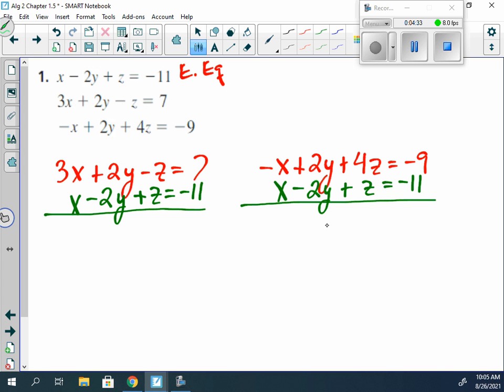So, let's start with the one on the left. Would we add these or subtract these from each other? Are the signs the same or opposite? Opposite, so we add. If it's opposite, we add.